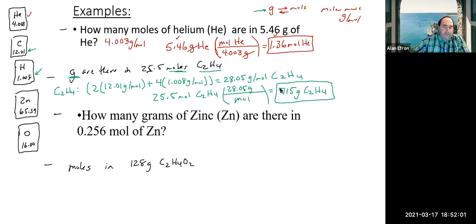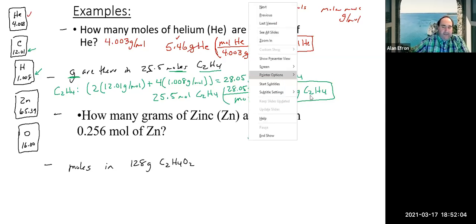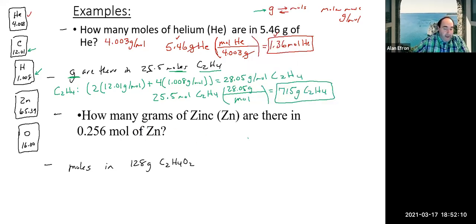Looking at the next one, we see zinc and we see grams, we see moles, but again, no molecules or atoms. So again, molar mass is what we're going to use. In this case, it's just zinc by itself. So it will be that number there, the 65.39 grams per mole. Starting with our 0.256 moles of zinc, in this case we want to get rid of the moles.